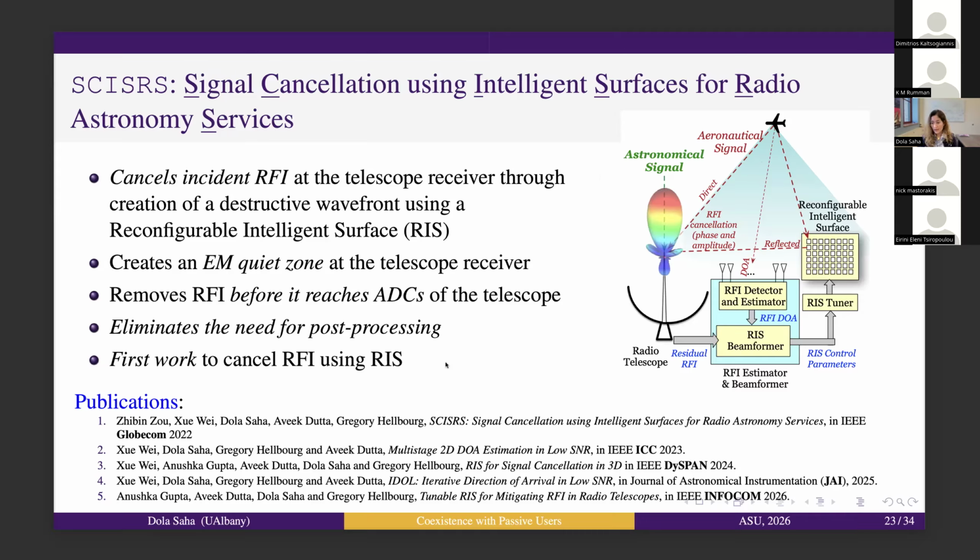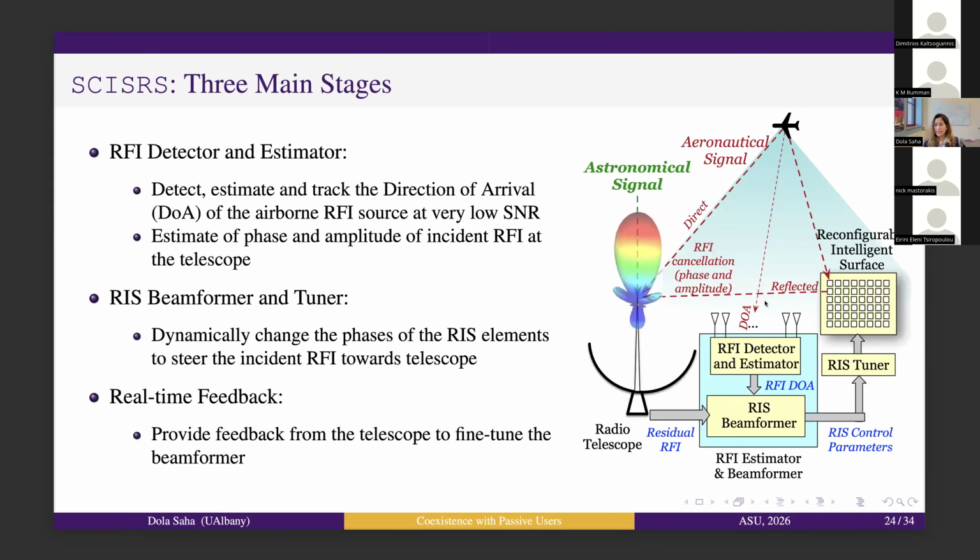So yes, we can do this because we have been publishing a lot on this topic, and essentially there are a few parts to it. So the first thing is to reflect and cancel exactly in opposite phase and exact amplitude.